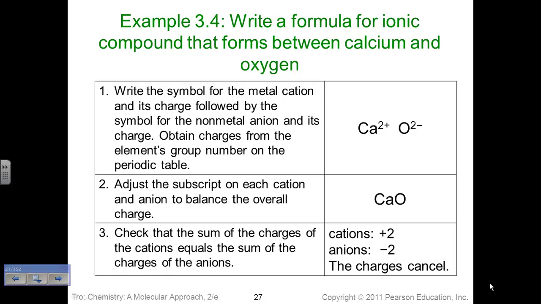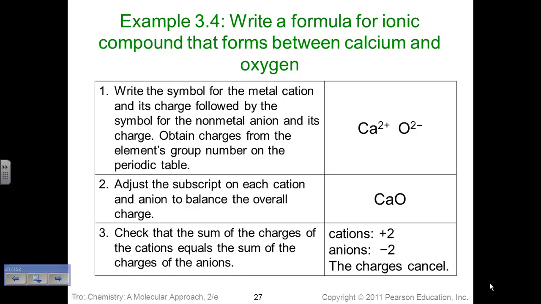When calcium goes from an atom to an ion, it will lose 2 valence electrons. Loss of 2 electrons results in a positive 2 charge. So when we write the symbol for the metal cation, Ca, we'll denote its charge as a positive 2.